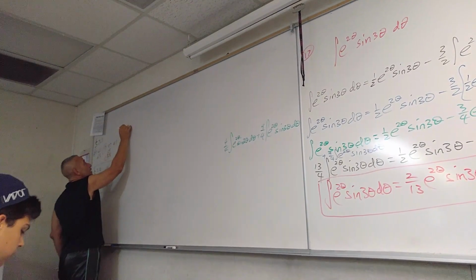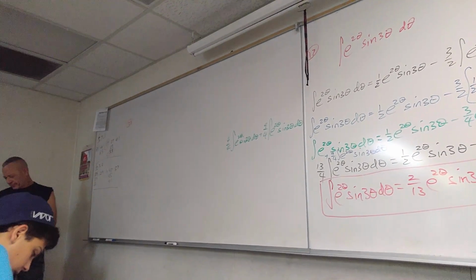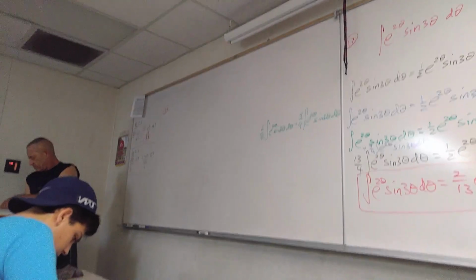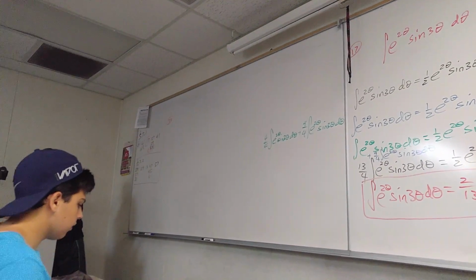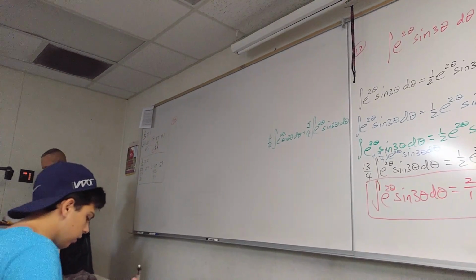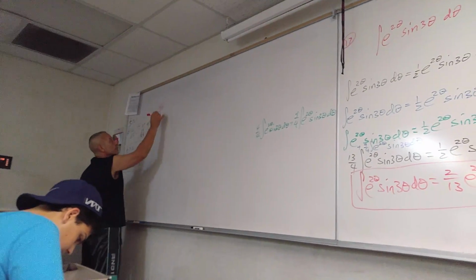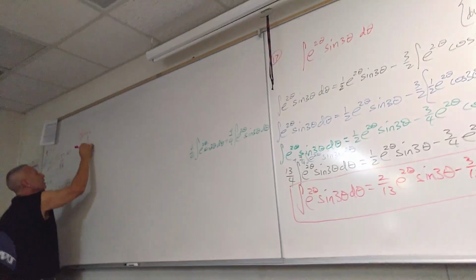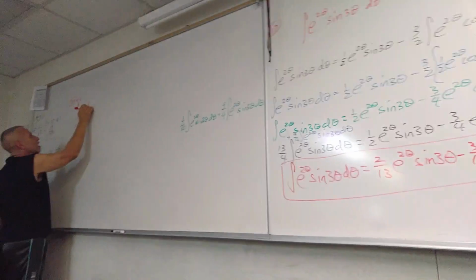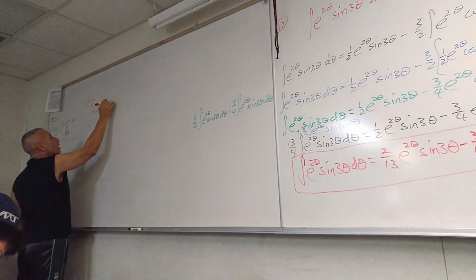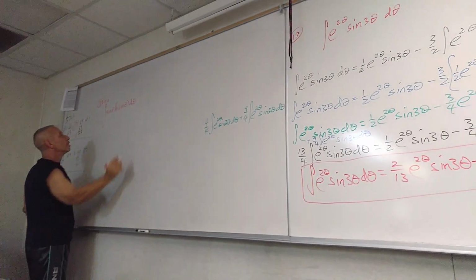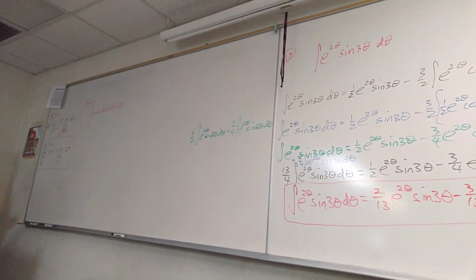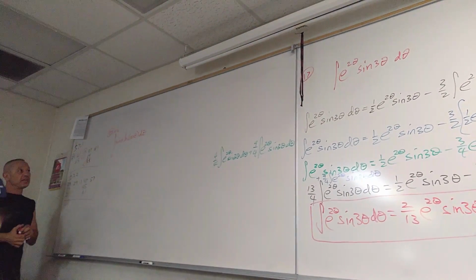Number 33. 33, oh my, what is that? Sine of the ln of the cosine, 0 to pi over 2. Well, we can see one simplification that will immediately arise.